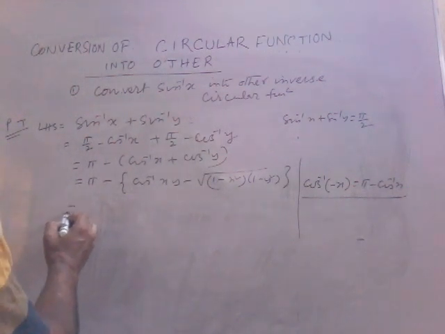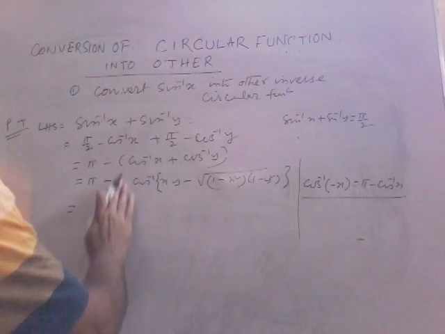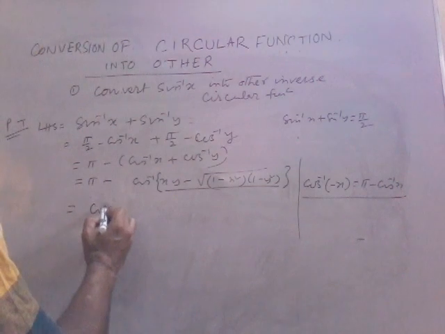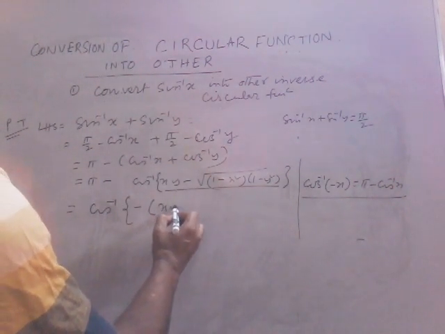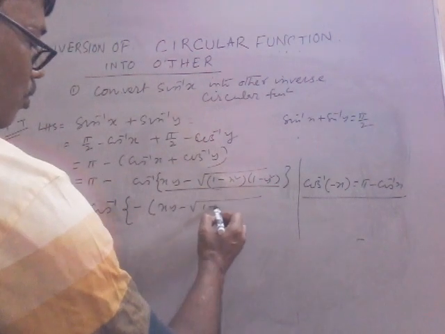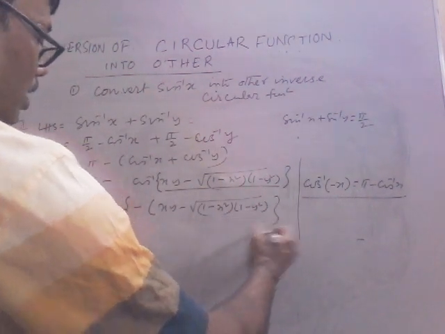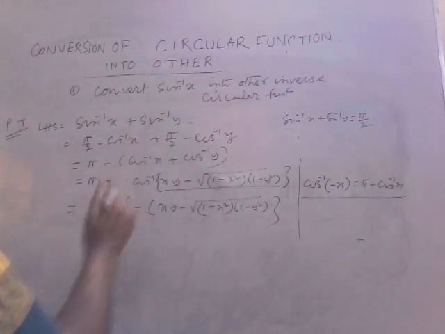So this one is our x. So pi minus cos inverse x. So cos inverse of minus x... of xy minus √(1 − x²) √(1 − y²). So pi minus cos inverse x, cos inverse minus x.